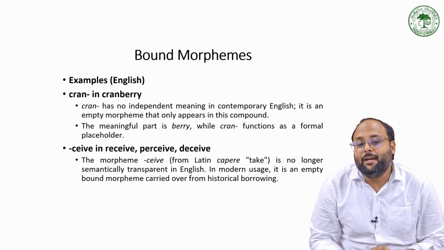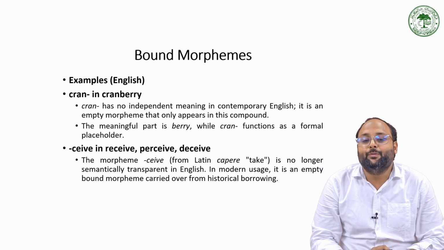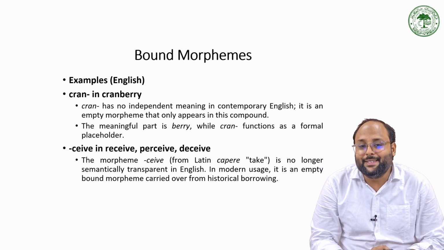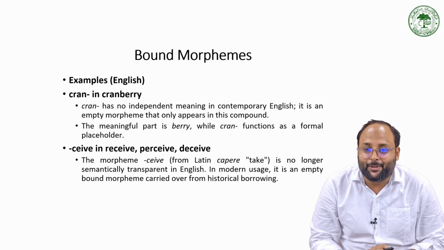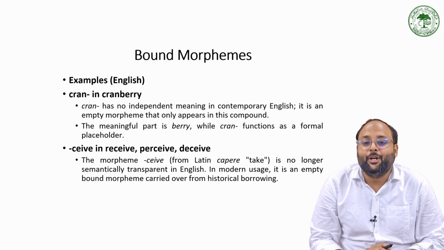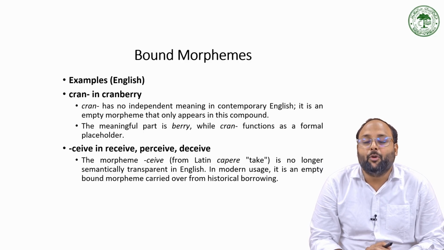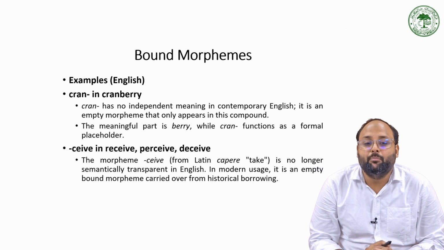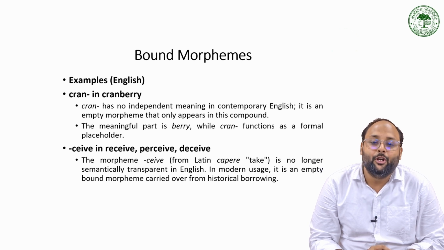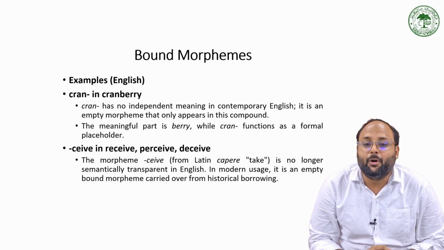In the same way, we have another example of ceive. We use receive, deceive, and perceive. But the morpheme ceive, from the Latin capere meaning take, is no longer semantically transparent in English. In modern usage, it is an empty bound morpheme carried over from historical borrowing.